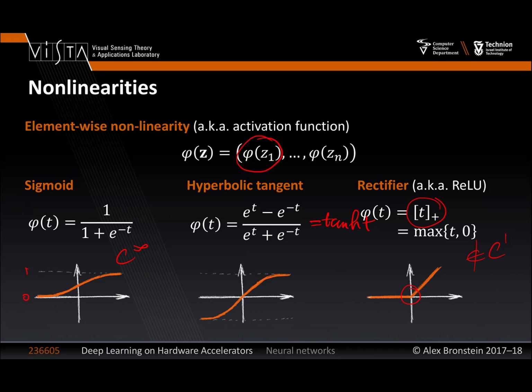There is a particular reason for using the ReLU function that I will try to convince you maybe next week is a particularly good choice. Okay, so the sigmoid functions are just to obtain a controlled scale of the output. Okay, because the linear part can give you arbitrary scale, but this normalizes the scale between 0 and 1.